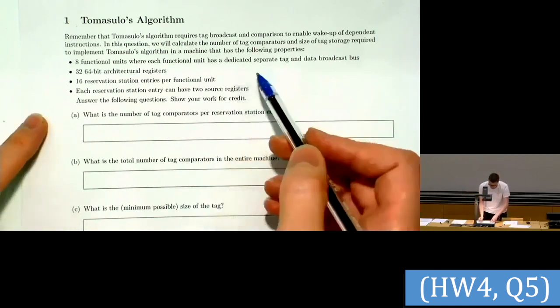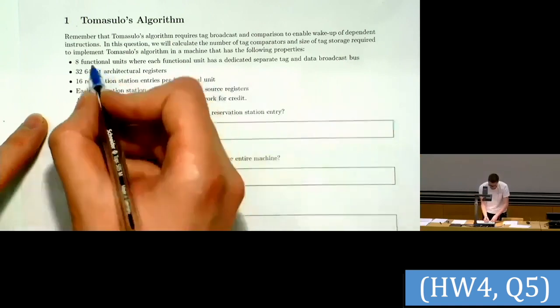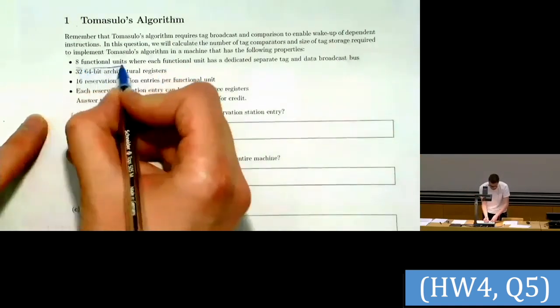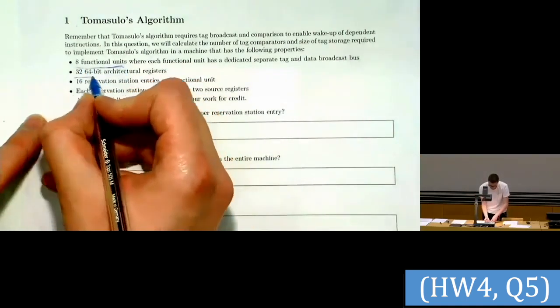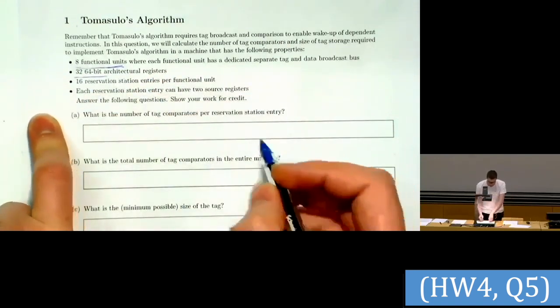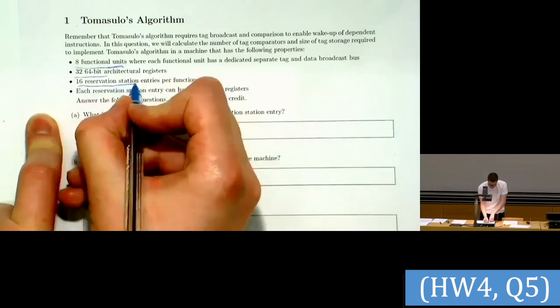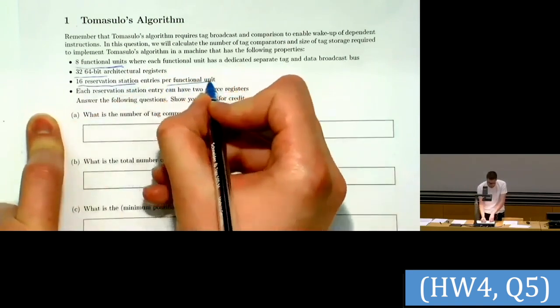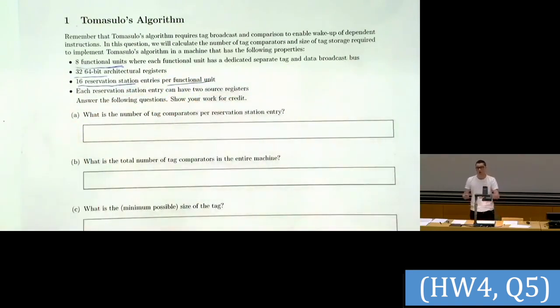So it defines those properties where you have 8 functional units and 32 registers, and each register is 64 bits wide. And you have 16 reservation station entries per functional unit. So basically you have a reservation station for each functional unit, and you have 8 of those, right?